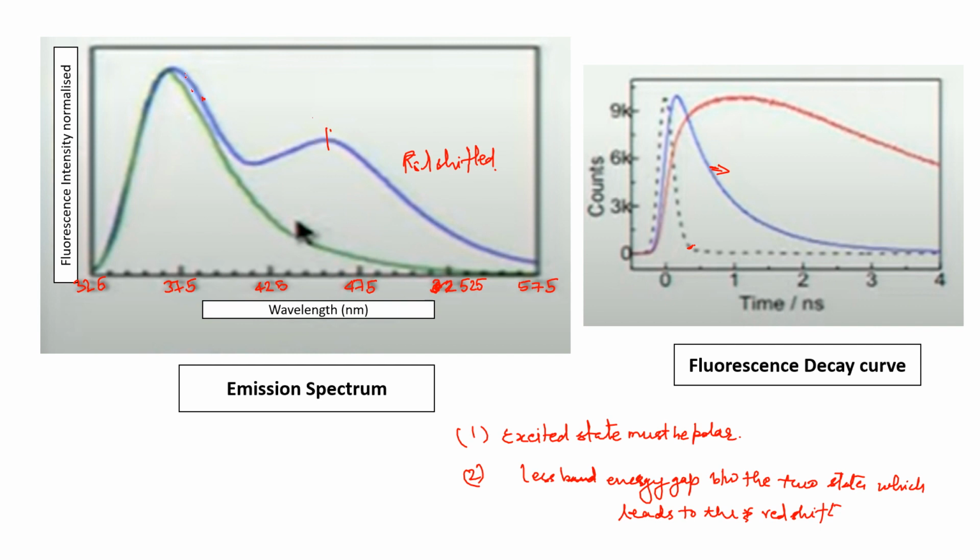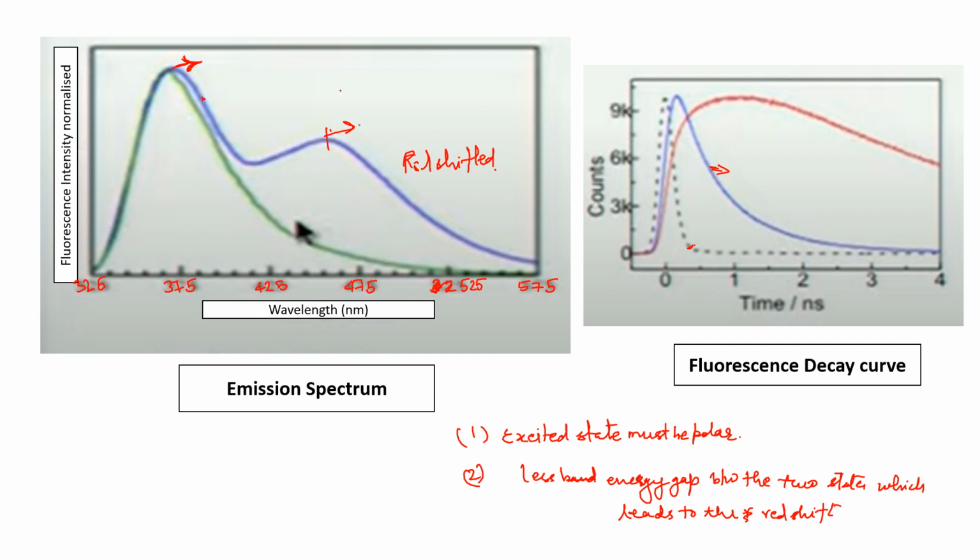Therefore the count for this emission will reduce, while the red line shows the fluorescence decay for the other. So the blue end of the spectrum, the peak that corresponds to this one, has a decay curve that has reduced in intensity due to the distribution between these two curves.